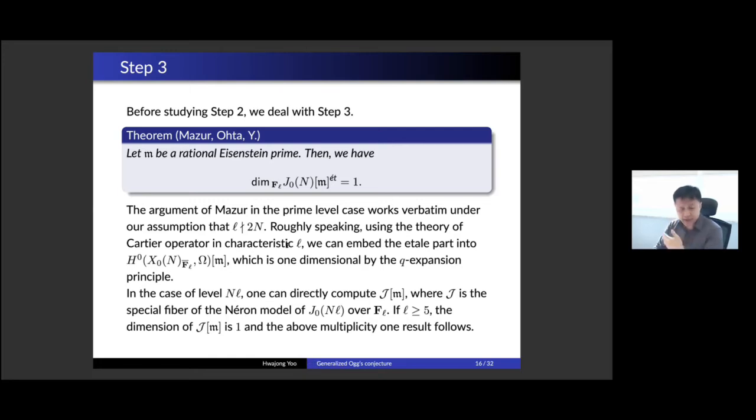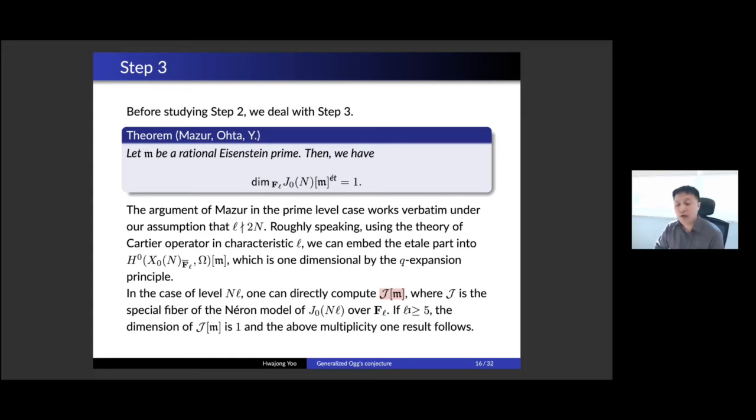In the case of NL, we also prove a similar result, but we compute J annihilated by the corner of M in J, where J is the special fiber of the Néron model of J_0 of NL over F_L. This has semi-stable reduction.